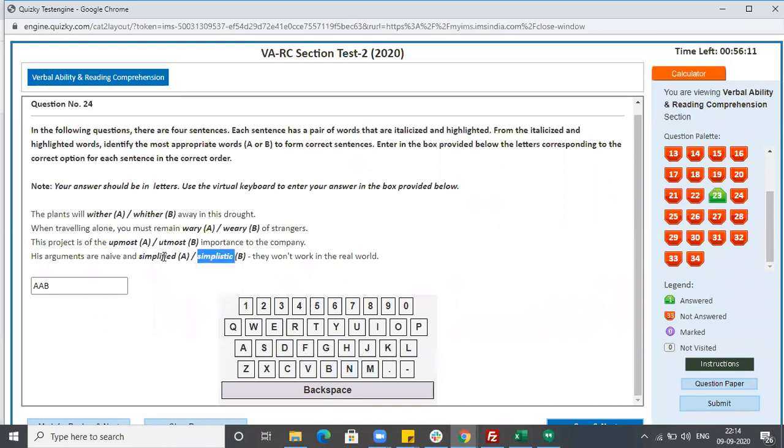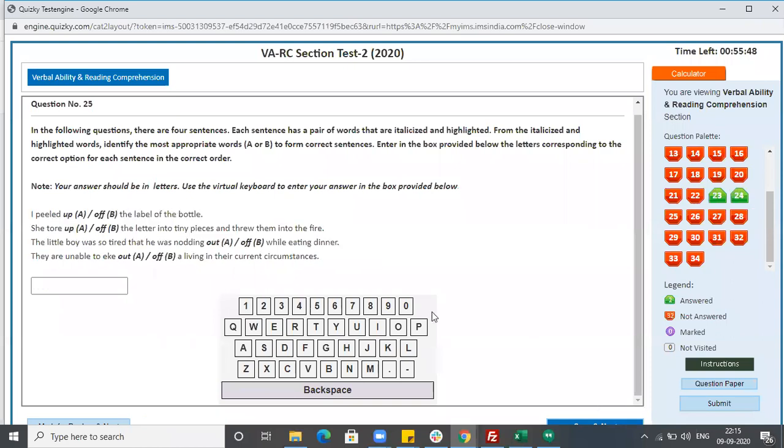Simplistic is more of a mocking term. Simplified means you made something simple. But I've used naive here, so I'm kind of criticizing, presenting a negative connotation. So it has to be simplistic. Okay, whether, very, utmost, and simplistic. AABB. Got it. This also I'm like 100% sure.